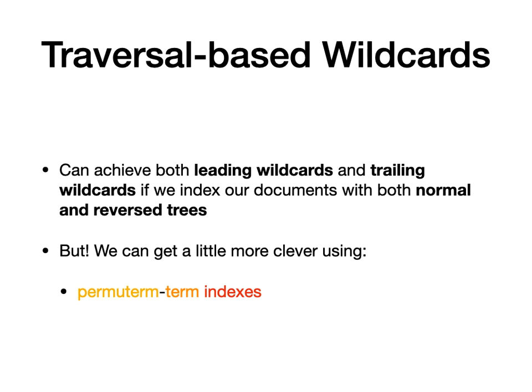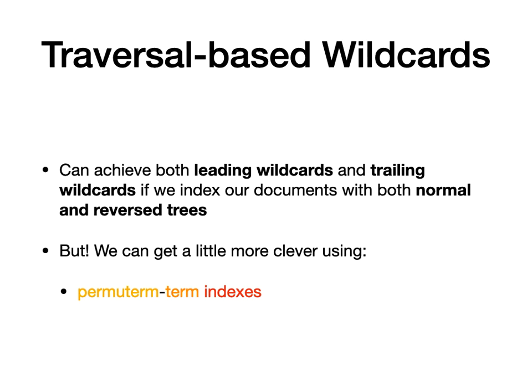So we can get both leading wildcards and trailing wildcards out of our processing if we build both normal and reverse search trees for our dictionary.